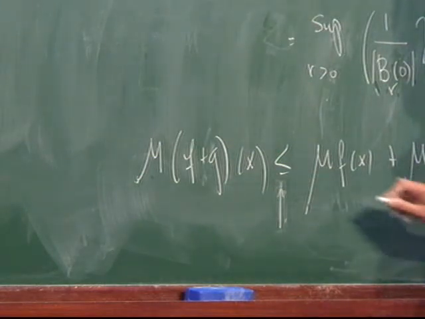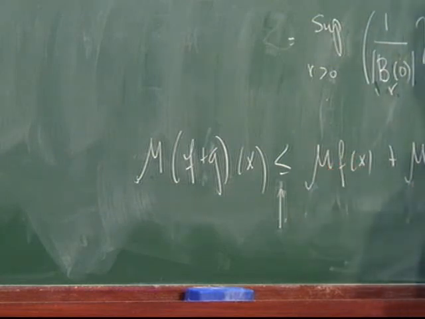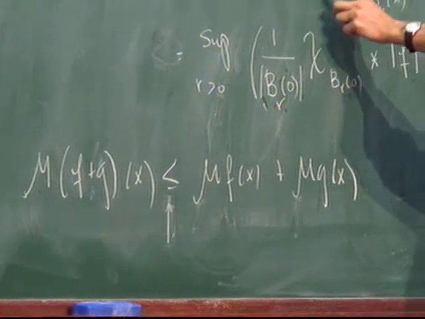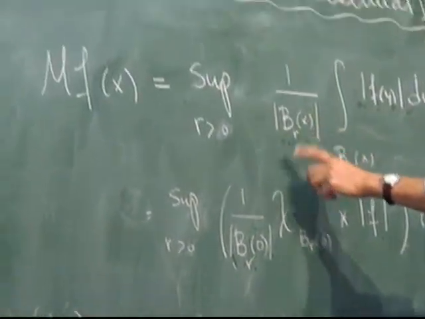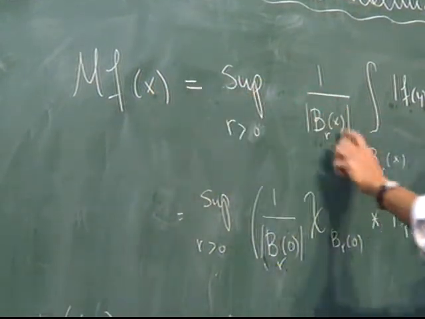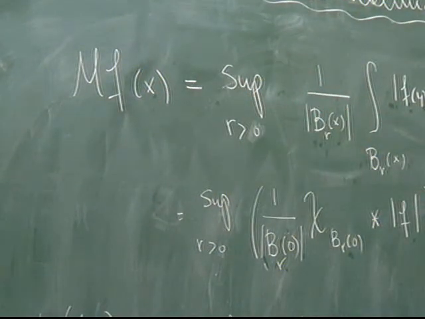Sometimes you want to do this in balls. Sometimes you want to do this in cubes. And you want to avoid rectangles because if you do it with rectangles, things start to be weird when the rectangles can be very thin. Okay? But sometimes you want to go with cubes, sometimes you want to go with balls. Sometimes you want the center of the ball to be x, and sometimes you only care that the ball contains x.